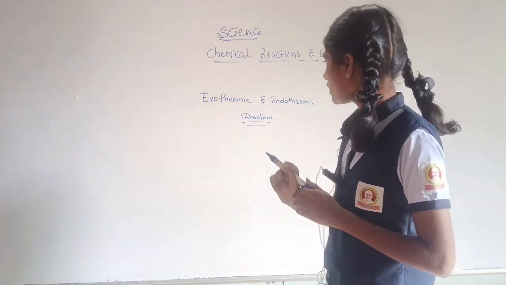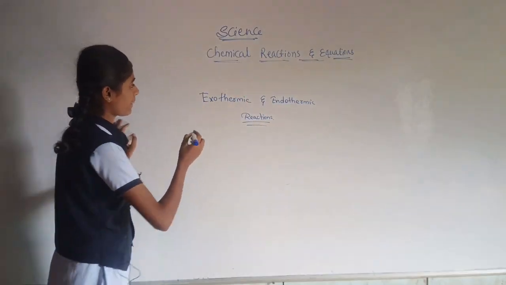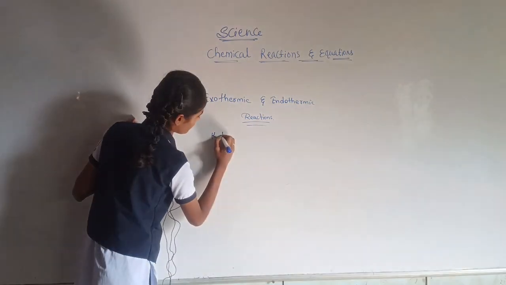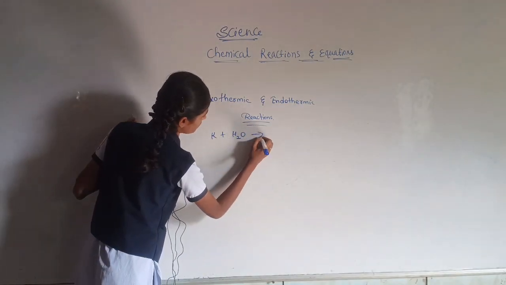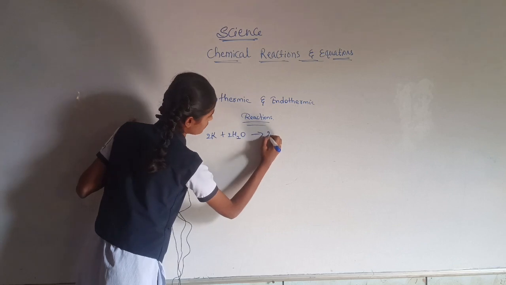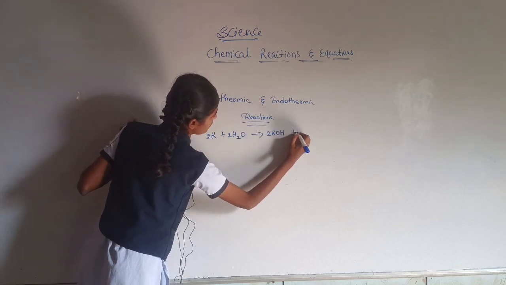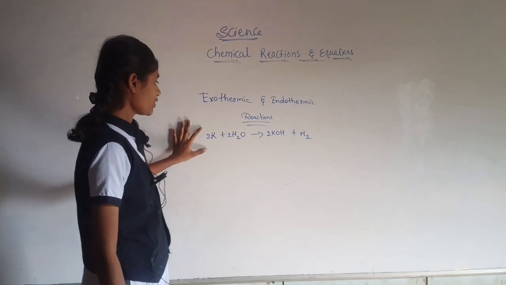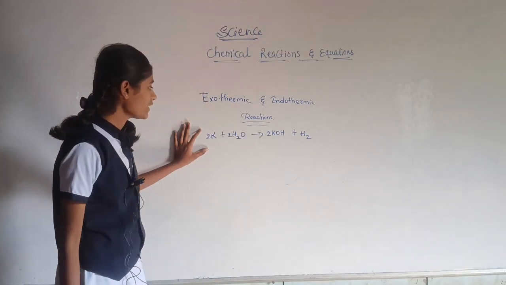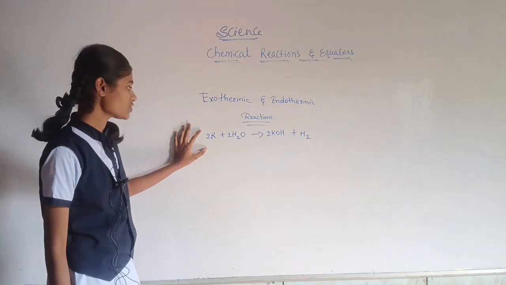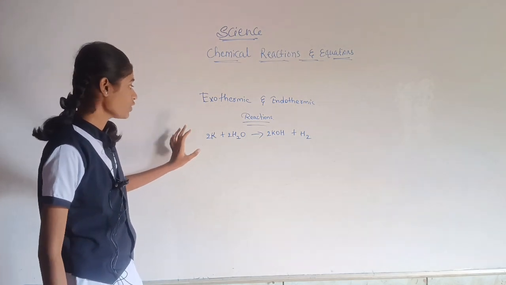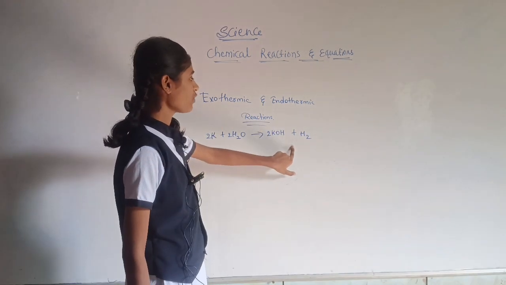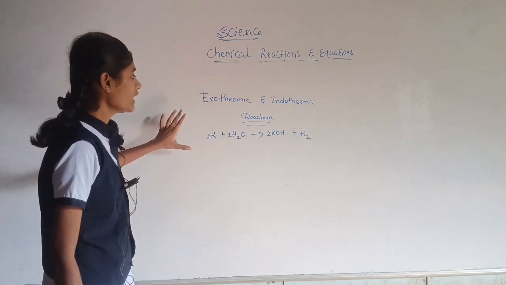Examples of exothermic and endothermic reactions: an example of an exothermic reaction is potassium added to water. As we know, potassium is a very highly reactive element. When potassium is added to water, it forms potassium hydroxide and hydrogen gas, and heat is evolved.